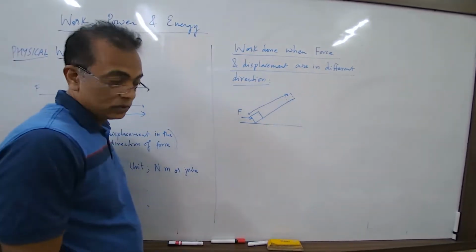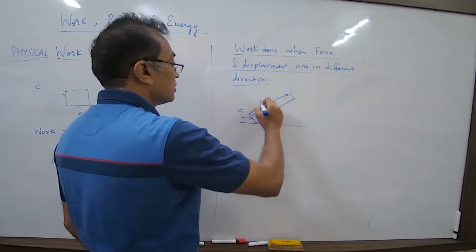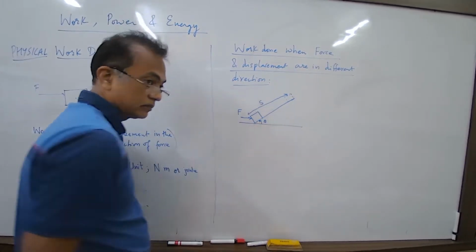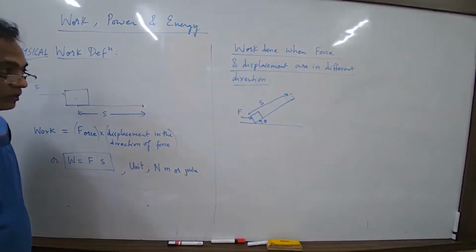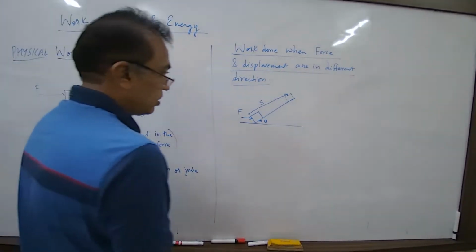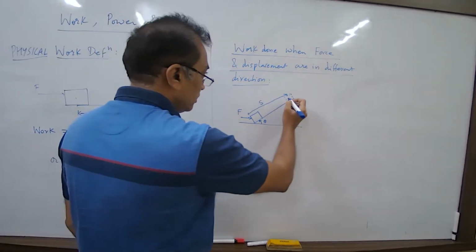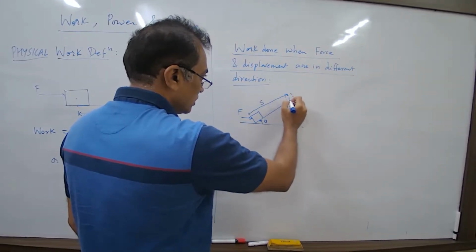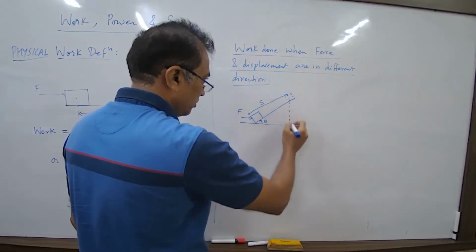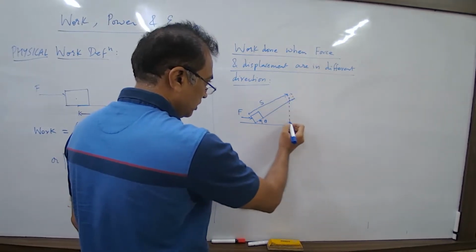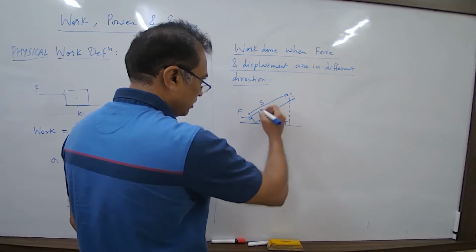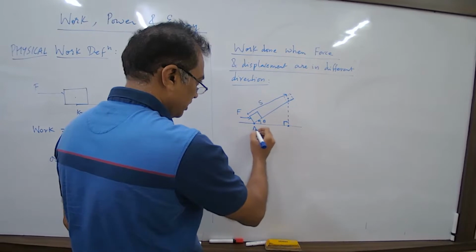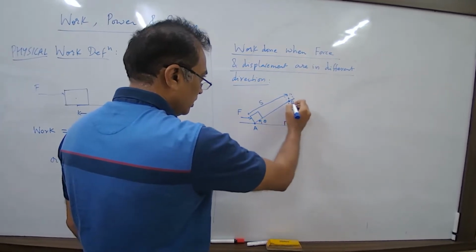So the displacement is at an angle, say theta. So how do we calculate the work done in this case? So let us say we drop a perpendicular from the end where the displacement ends. Let's name these as A, B, and C.